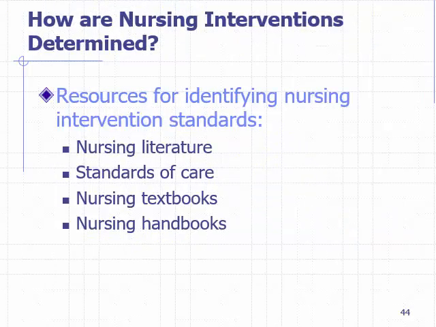So, where do we get our nursing interventions? You can get your nursing interventions from just about anywhere. You'll find them in nursing literature, standards of care books, your textbooks, nursing handbooks. You can even pull it from your own Ready reference. Remember, Ready reference is everything you've learned so far in nursing.